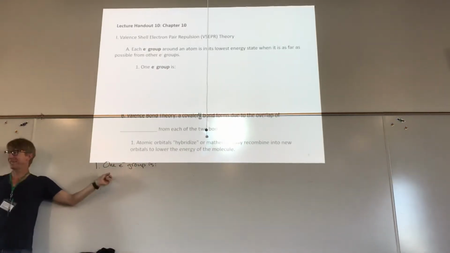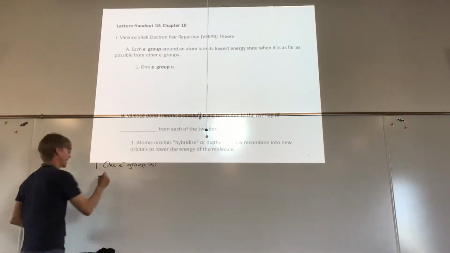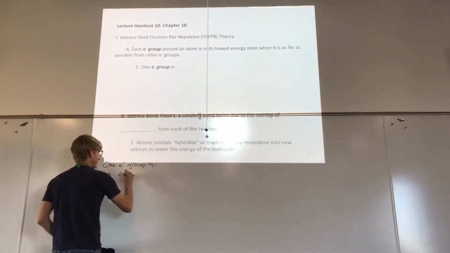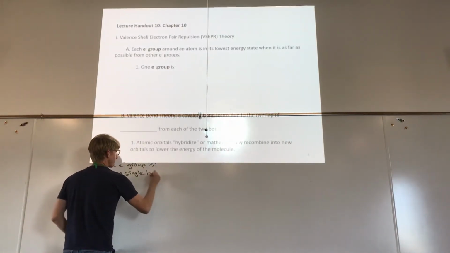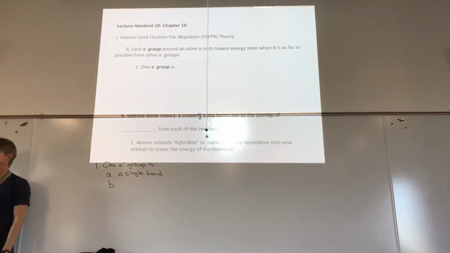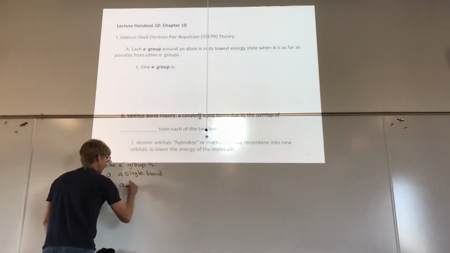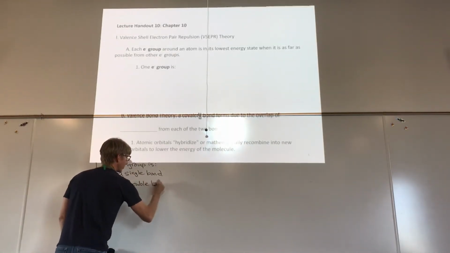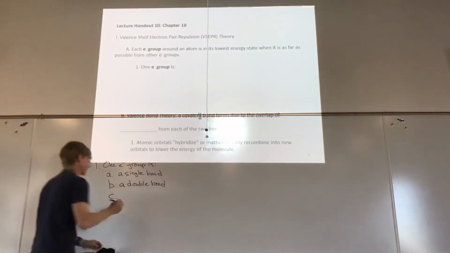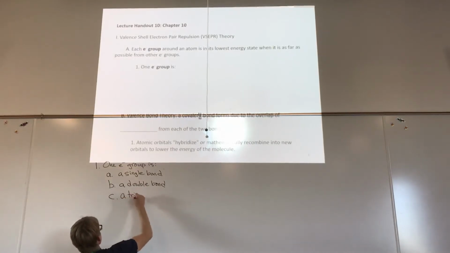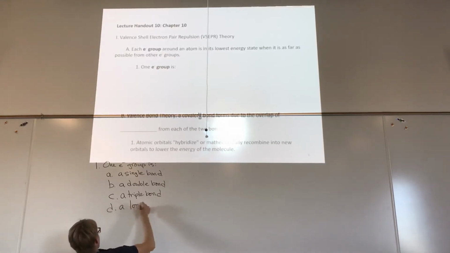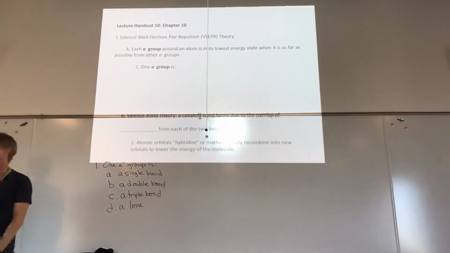One electron group is any of these things: a single bond, B, one electron group is a double bond, C, a triple bond, or D, a lone pair of electrons.